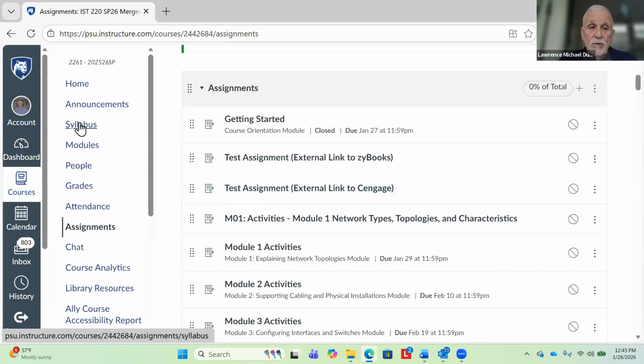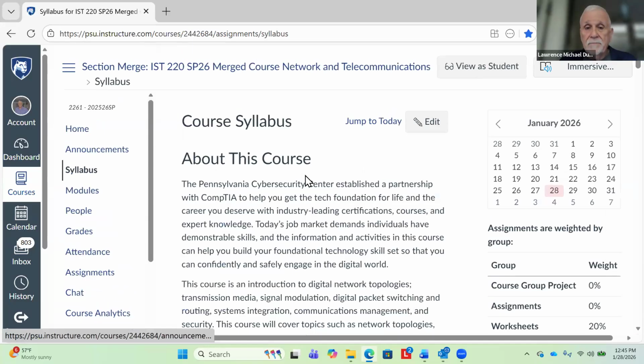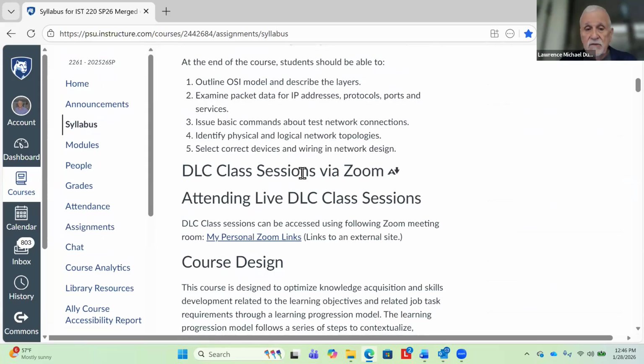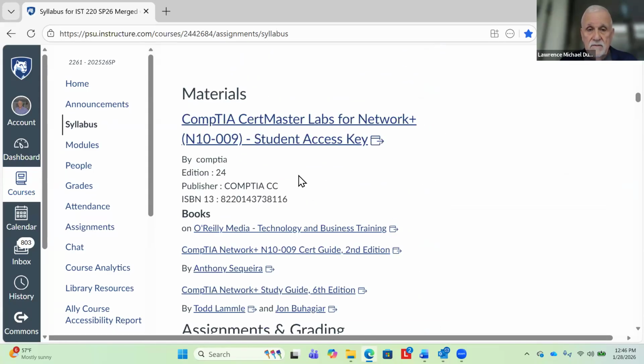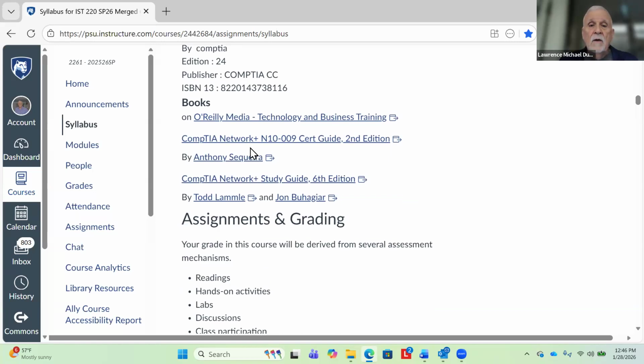If you do want to go ahead, in the syllabus, and we talked about this, this is the CERT Master Lab. I want to hold this off till we get back. Part of this class is in conjunction with a CompTIA Network Plus class that I'm teaching to high school students.